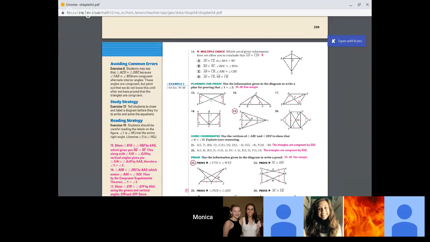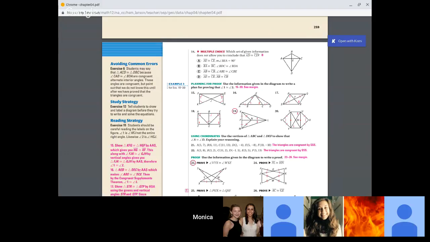When we look at number 14, we're trying to show which set of information does not let you prove that this side is congruent to this side, okay? So when you see AE is congruent to CE, and then the measure of angle BEA is 90 degrees, right? This angle is a linear pair with this angle, so we know this one will also be 90 degrees.